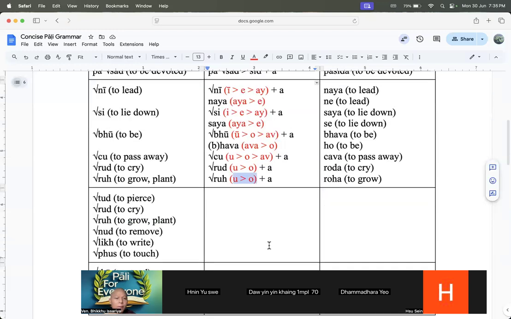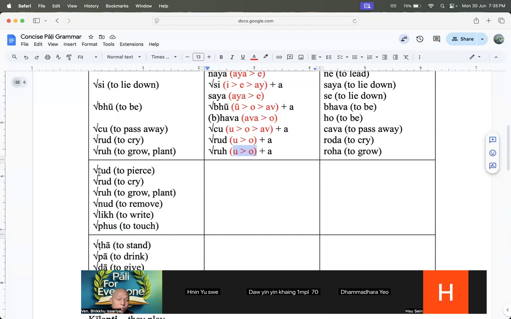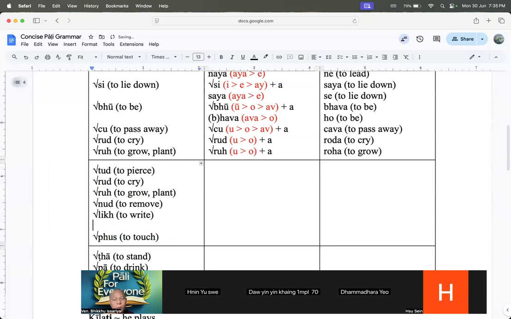And then now the next group. So even here also, dud and the a, root nud and then lik, and also the other one.